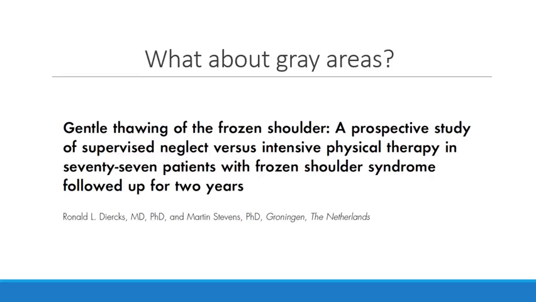Now, what about gray areas? And this is going to be something for this week. This is the article, the Dirks et al., Gentle Thawing of the Frozen Shoulder, a prospective study of supervised neglect versus intensive physical therapy in 77 patients with frozen shoulder followed up for 2 years. So just from reading the title there, it sounds very interesting. A 2-year follow-up, that's a very reasonable time period with a frozen shoulder.